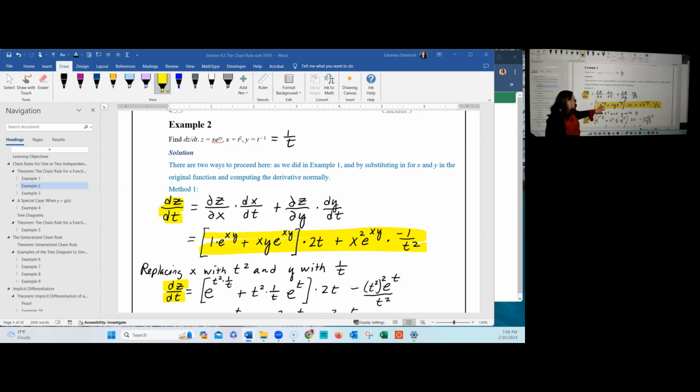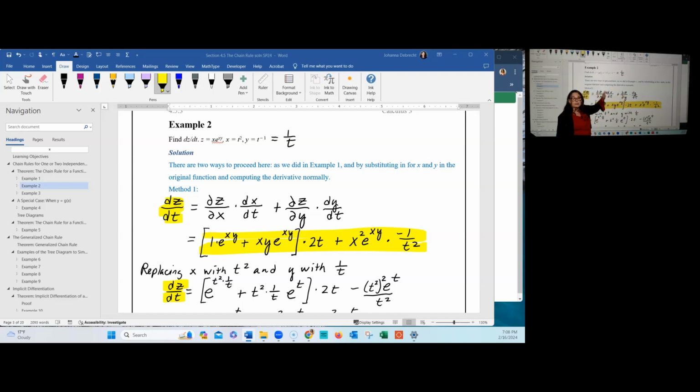That gave me 1 times the exponential e to the xy plus xy e to the xy, applying the chain rule on the second term. Then I need to multiply all of this, of course, by the derivative of x with respect to t, which gives me 2t.